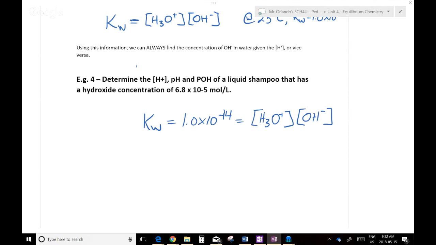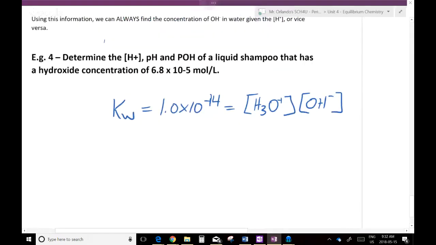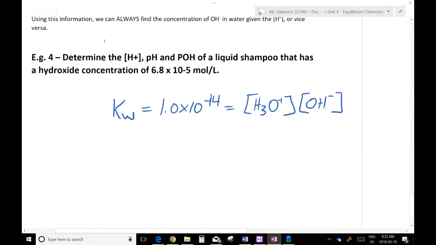So how am I going to do this question then? This is just good old-fashioned plug and chug algebra. Let's put your numbers in and solve for it. What do we know from the question? Good, which is actually what number?